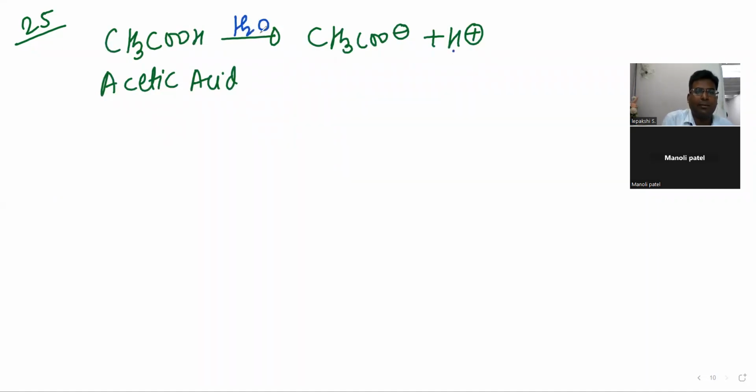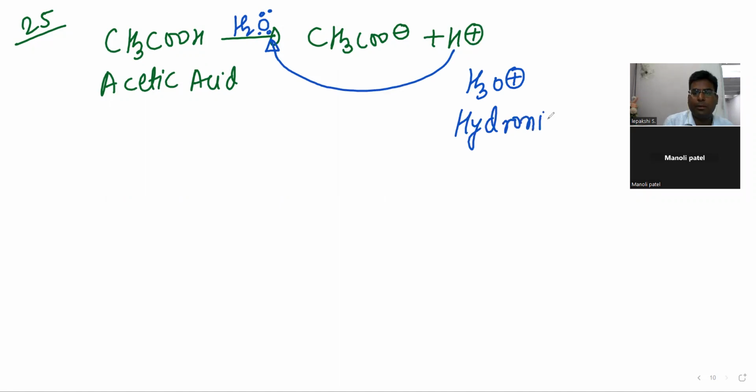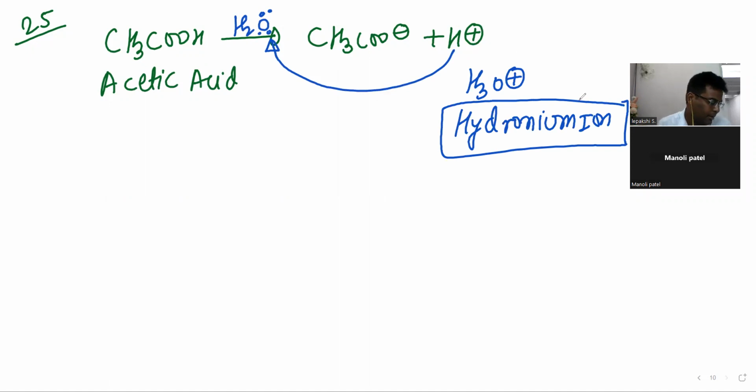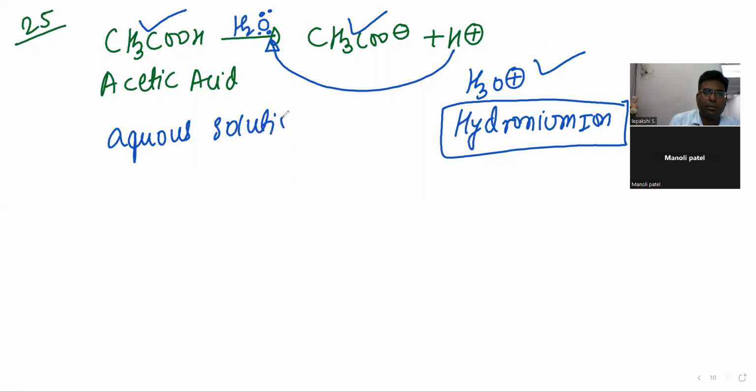This H plus ion will attach with the lone pair, then it will become H3O plus ion, that is the hydronium ion. This is called the hydronium ion. So the aqueous solution contains three types: the acetate ion, the hydronium ion, and the acetic acid. That is the aqueous solution. Please write it down.